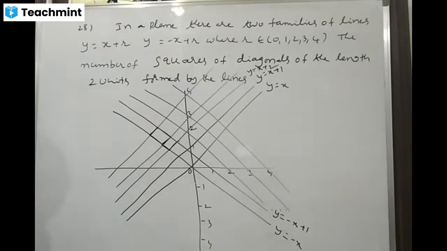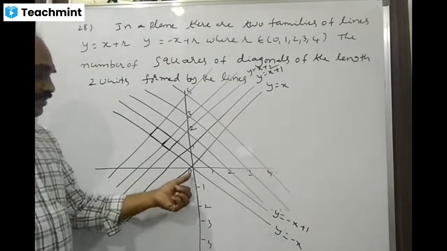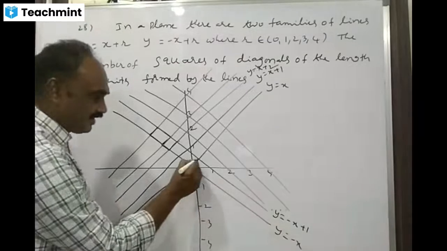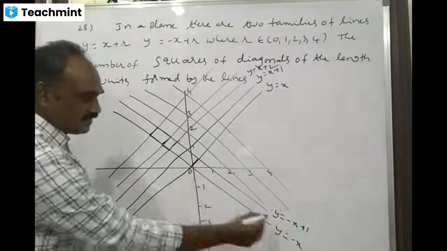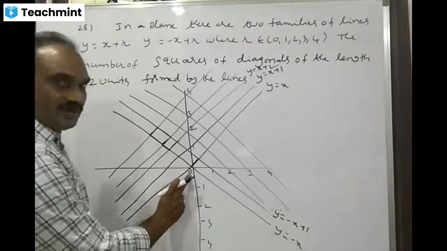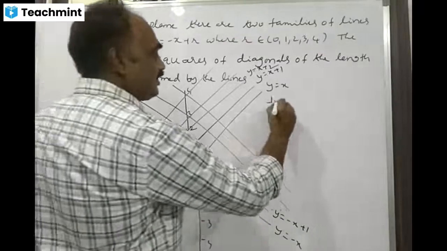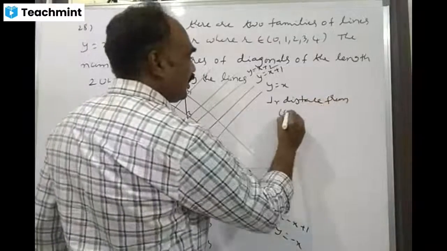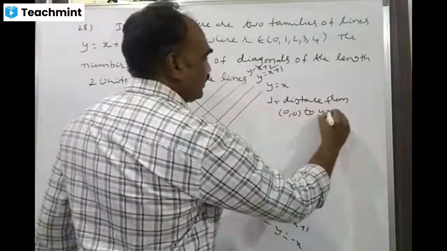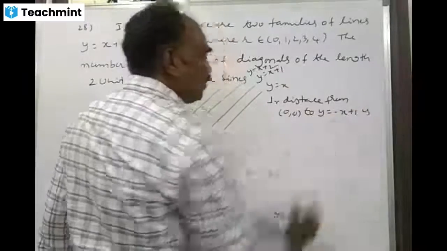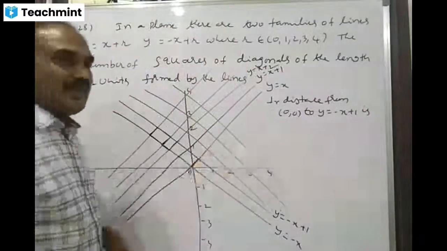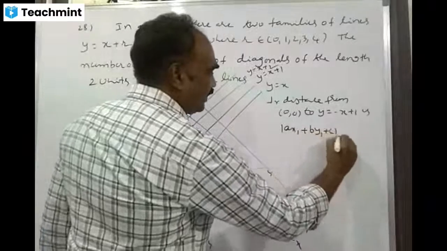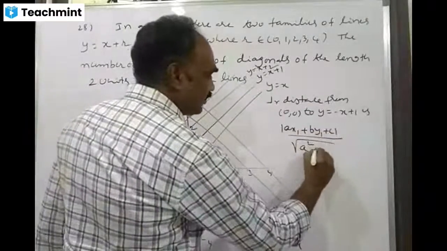So here 0 comma 0, and this line is y is equal to minus x plus 1. So the perpendicular distance from the origin 0, 0 to the line y is equal to minus x plus 1. The perpendicular distance formula is mod of ax1 plus by1 plus c by root of a square plus b square.